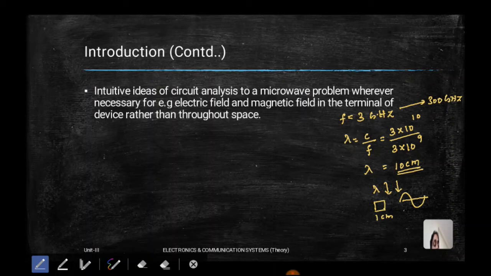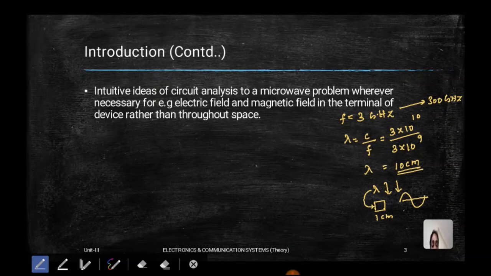When the frequency is high enough, the wavelength becomes very short, comparable with the physical length of the network components. The voltage and current change within the component itself, so we cannot know exactly what the voltage and current of that particular network are.